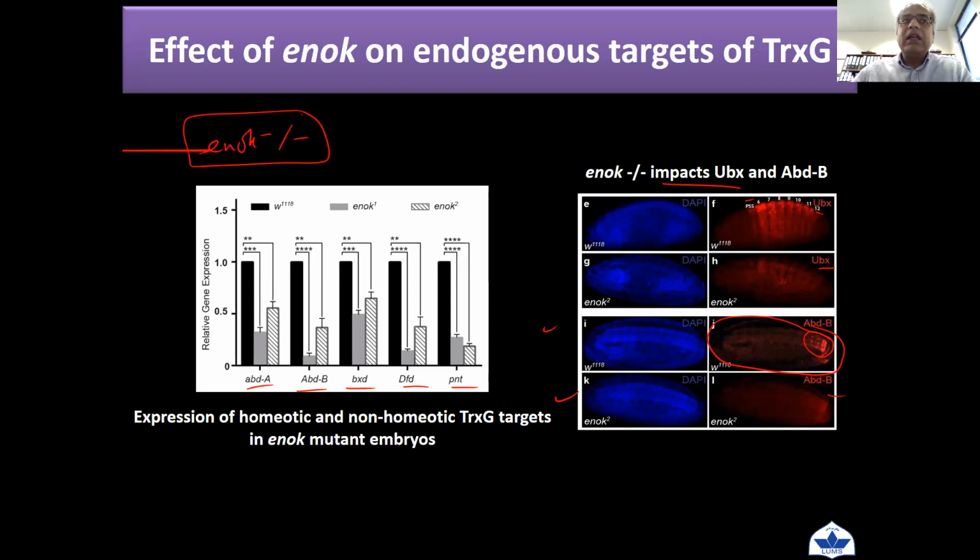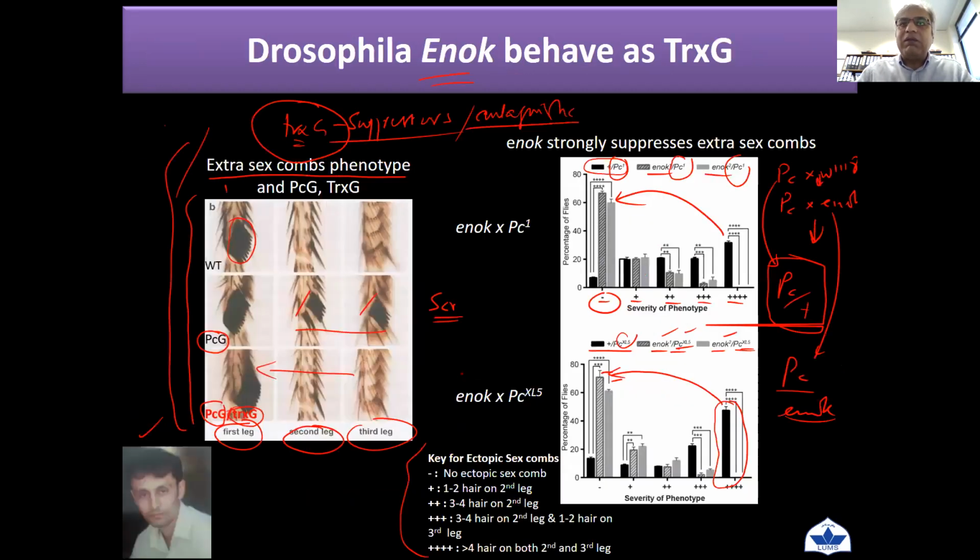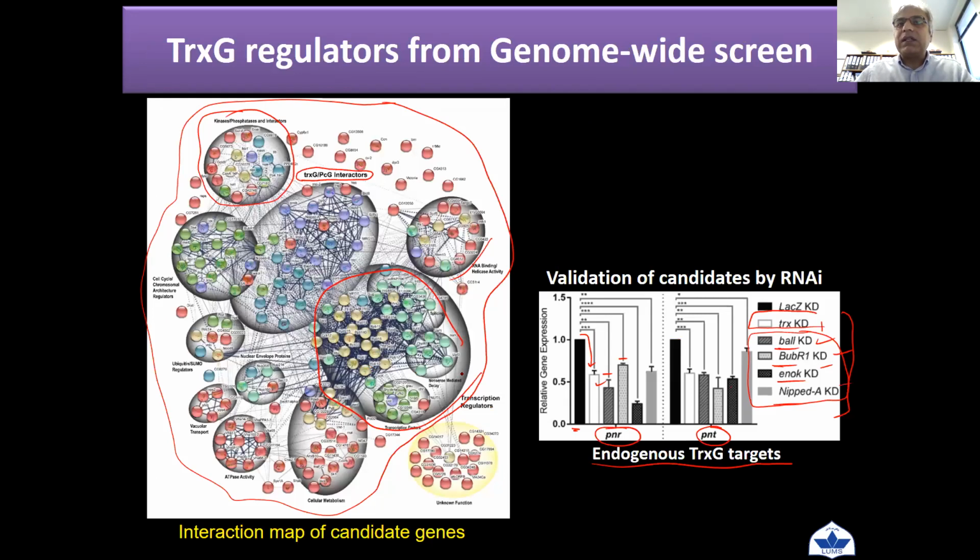Although they are dead, he found a way by having Enoch over GFP balancer crossed with Enoch over GFP balancer, and he collected GFP minus embryos, and he measured in both ENOC1 and ENOC2. And here you can see in both the alleles, homeotic gene expression is going down, as well as non-homeotic genes. PNT is the same one which we use to validate expression of our screen candidates here.